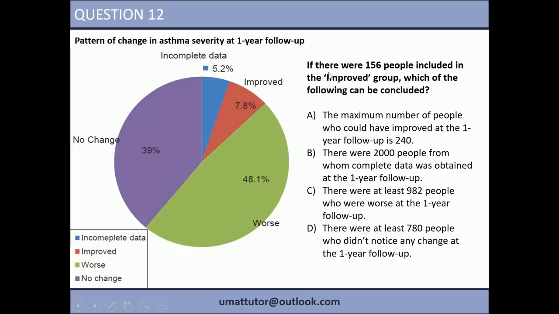In other words, how many people are in this entire pie chart based on this fact? If 7.8% represents 156 people, you may notice that actually goes into each other quite nicely. 156 and 78, that's just double. So if 7.8 is 156, 1% is equal to about 20. If you feel more comfortable, you can round up, so we can say that's 8%, and that number is 160. That might make it a bit easier.